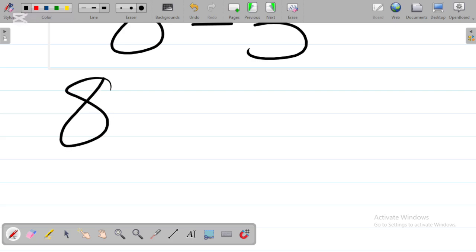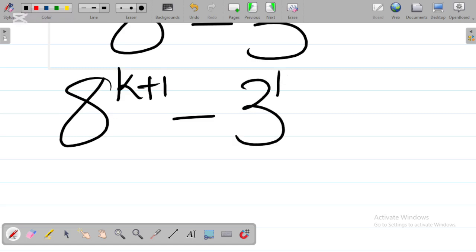So wherever we see n, we substitute k plus 1. So here we have 8 raised to the power k plus 1 minus 3 raised to the power k plus 1. So here we would apply the law of indices. If you don't know how to apply the laws of indices, or you don't understand indices in full, kindly check the description of this video and you will see a link to our tutorial on indices and the laws of indices.